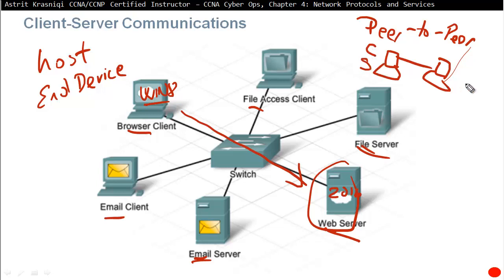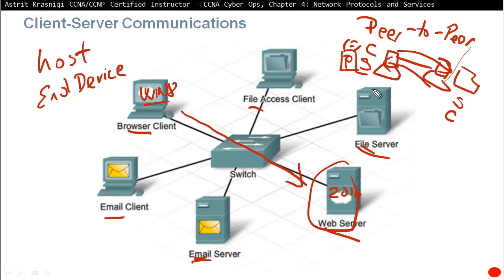For example, if this computer has a folder it is sharing, and this computer is getting that folder, now that computer here is a server, and that host or end device here is a client because it's accessing the folder. If this PC, host, end device, whatever you want to call it, has a printer and it's sharing the printer, then when this computer accesses that printer, this host becomes a client and this host becomes a server.